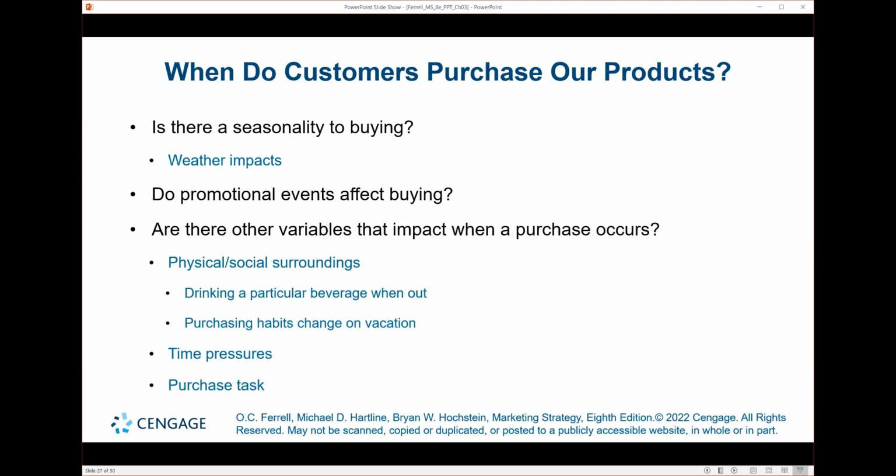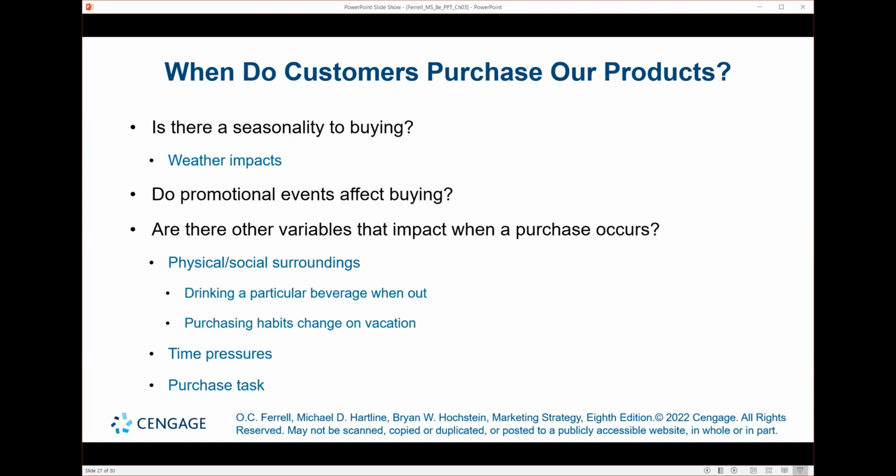When consumers buy can be just as interesting a question, because the when part can have to do not only with seasonal variations, but emergency purchases as well. Do promotional effects affect buying? Absolutely they do. There's no doubt about it.